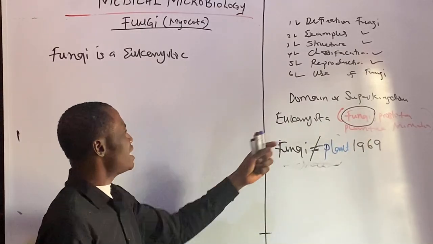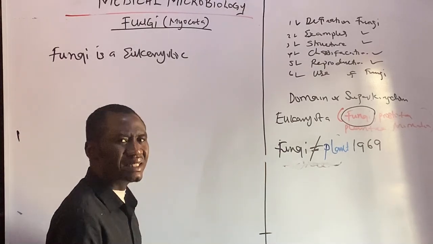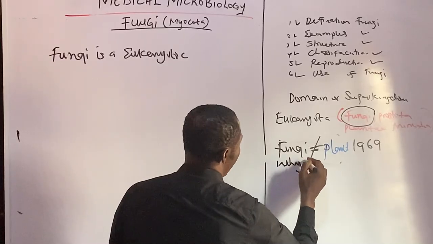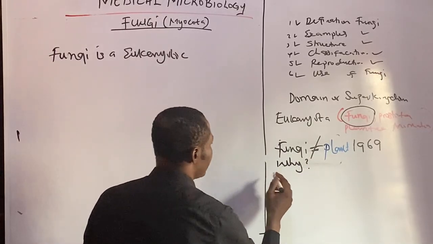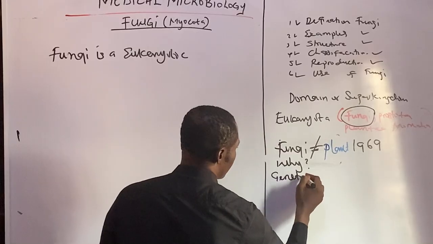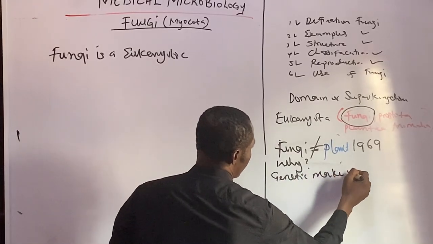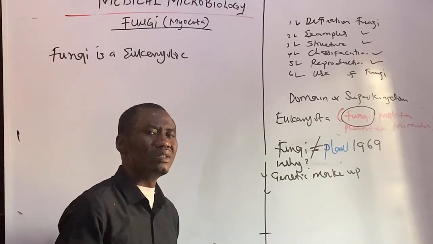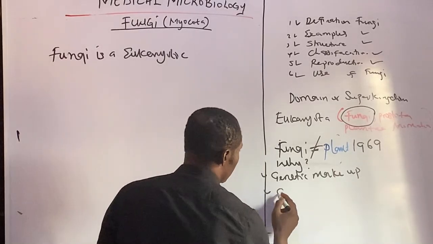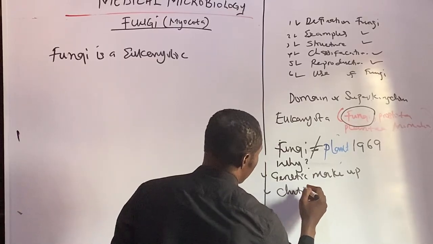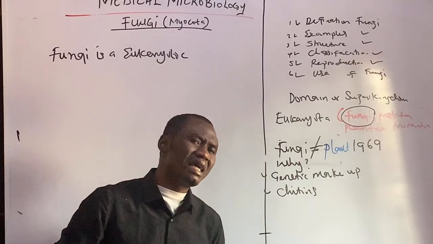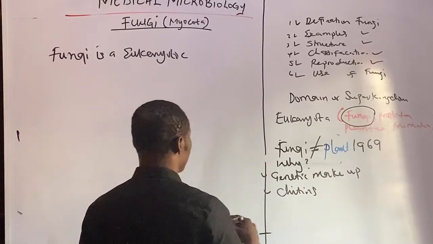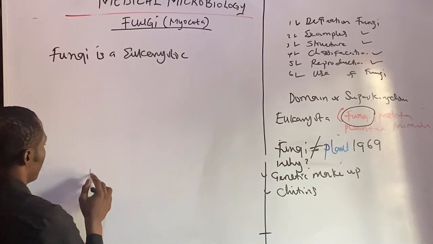So, why is it not called plant anymore? Why is fungi not plant? Number one is their genetic makeup. Two is that the cell wall of fungi contains chitins, but the cell wall of plant contains cellulose.